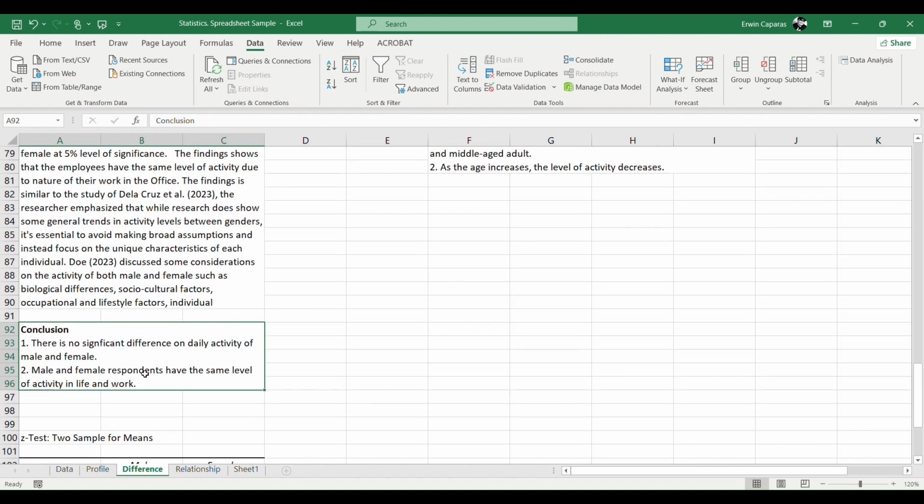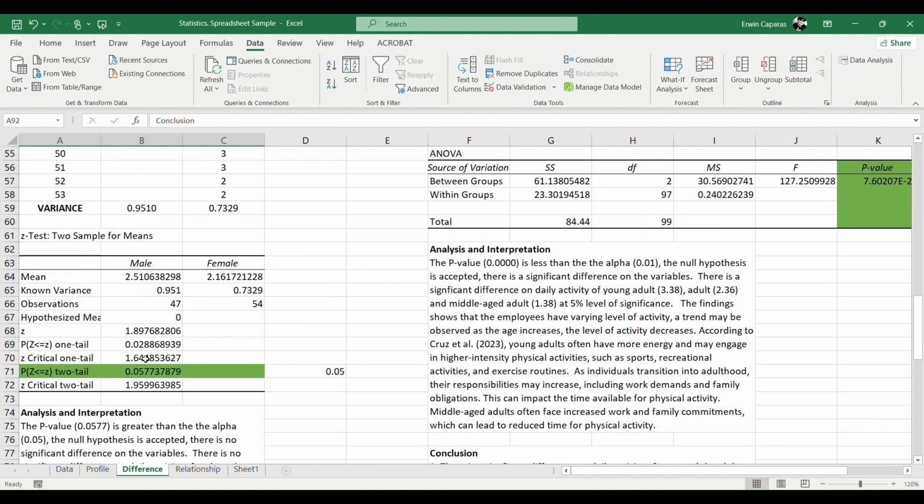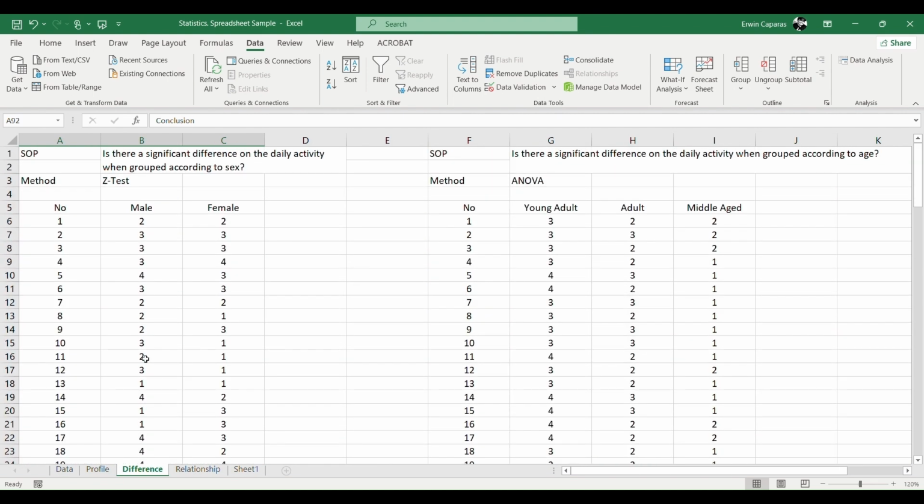So that is how we interpret and draw conclusions based on the z-test. Okay? So again, z-test is used, okay, for two groups of responses. In this case, since we are talking about sex, then it is about a comparison between the daily activity of male and female. That's why we have used z-test.